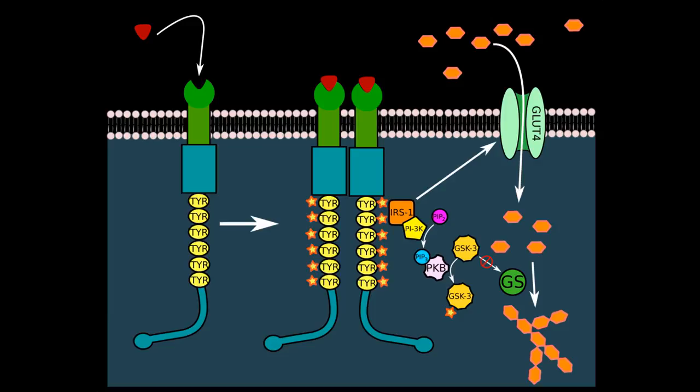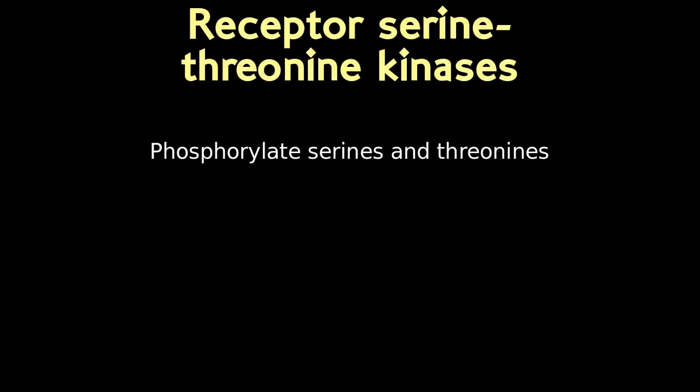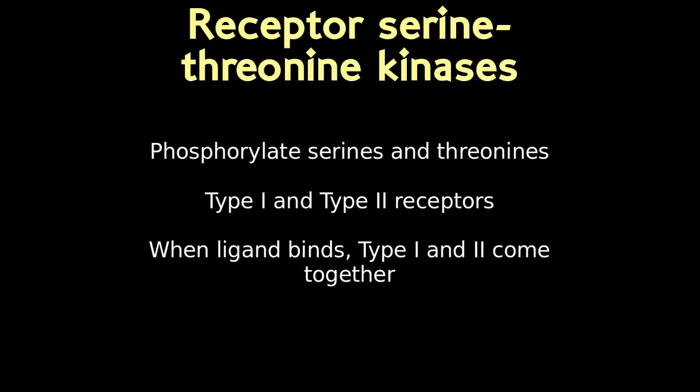We're going to talk about one more real fast. The receptor serine threonine kinases, which are kind of similar. These are receptors, and instead of phosphorylating tyrosine, they're going to phosphorylate serines and threonines. And you have two different kinds of receptors. You have type 1 receptors and type 2 receptors. And then when the ligand binds, the type 1 and the type 2 come together.